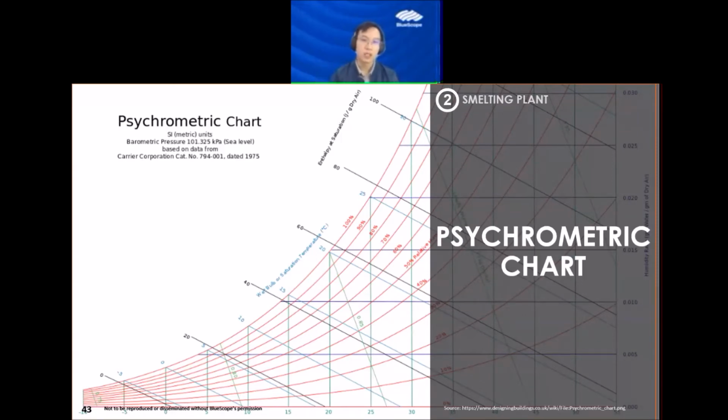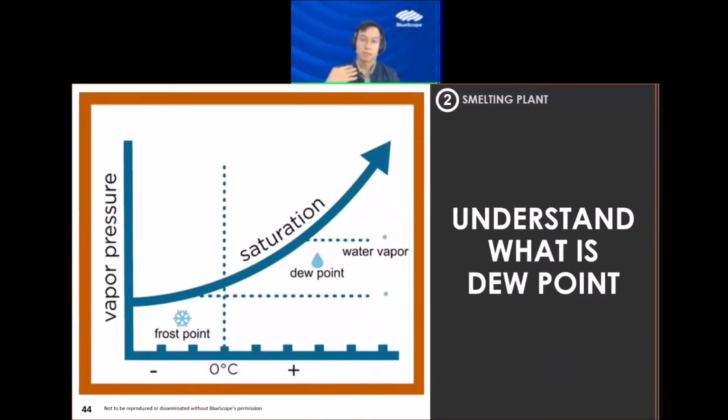This psychrometric chart itself is actually to gauge the state of liquid, or state of water, in a certain environment, depending on the pressure, depending on the temperature and so on. So it will give you an understanding of what is dew point also, right?